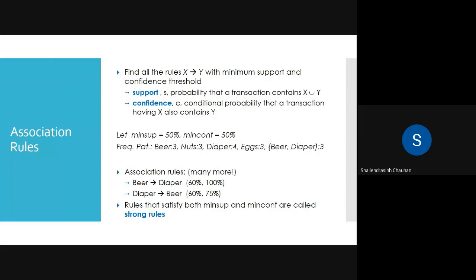We are trying to find out whether there is any association of item beer with diaper, so that's the meaning of this.